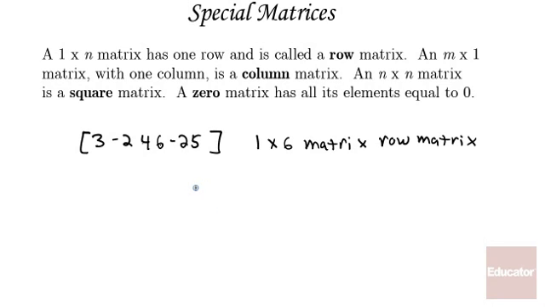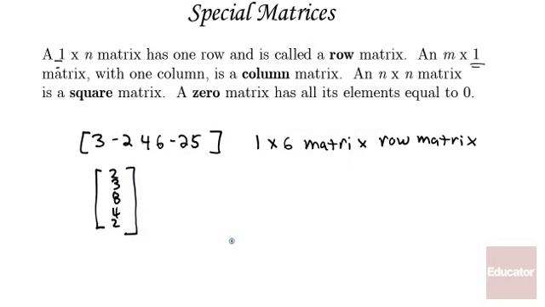A second type of special matrix is a column matrix. Here, it's an m by 1 matrix. It has one column. So here one row, here one column. For example, 2, 3, 8, 4, 2.